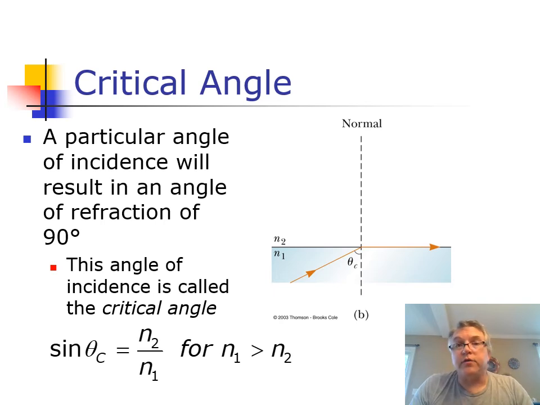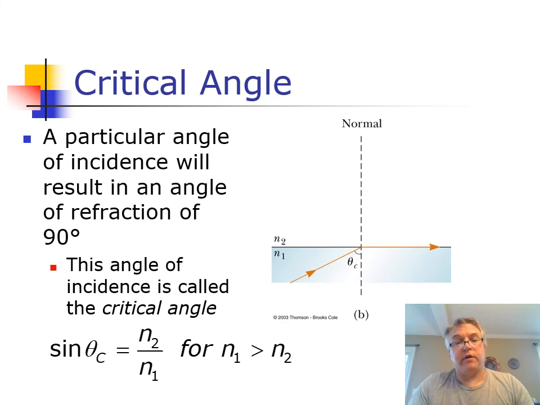To find the critical angle, I know that the sine of my critical angle is equal to the index of refraction of the second medium divided by the index of refraction of the first medium. The second medium is my refracted medium, where the index of refraction is going to be less than my initial or incident medium, where I'm going to have a greater index of refraction.